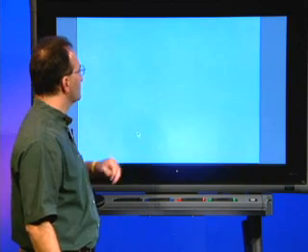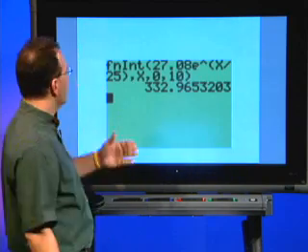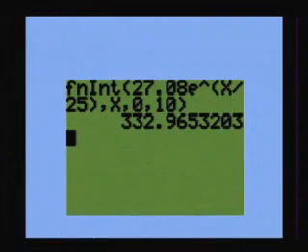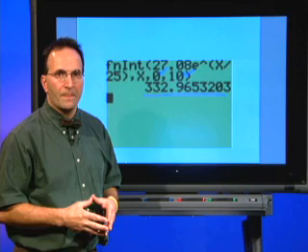So let's switch, and here we have fnInt, the formula 27.08 e raised to the x over 25, and then the variable is x. The interval is from 0 to 10, and here's your answer, which is 332.96 billions of barrels of oil that were used during that time period.